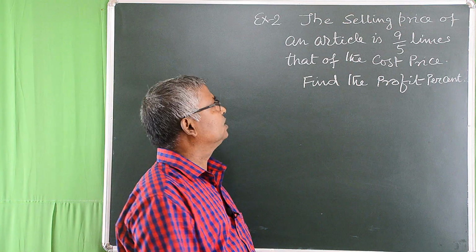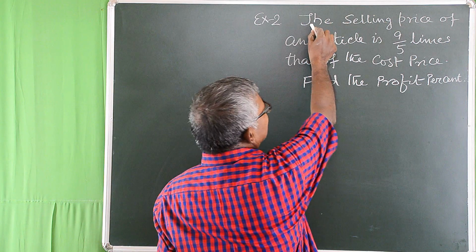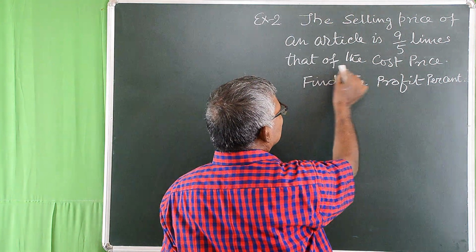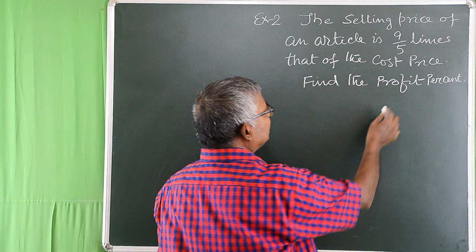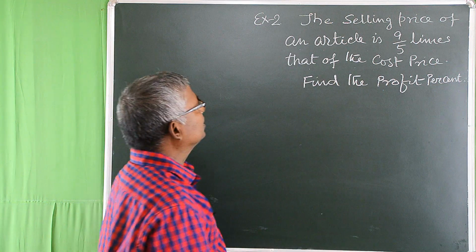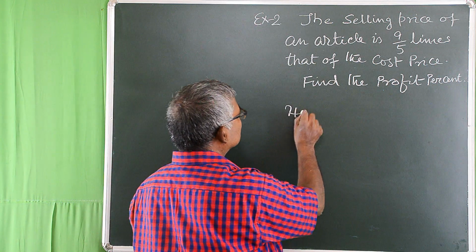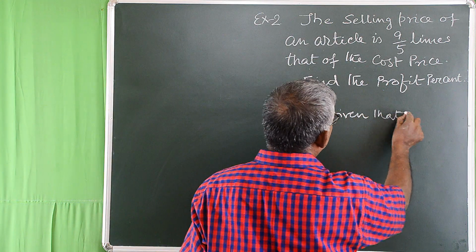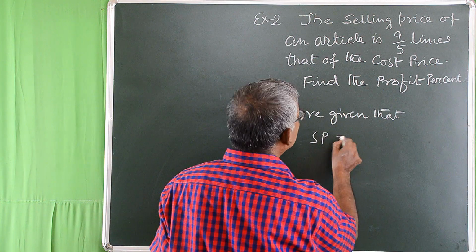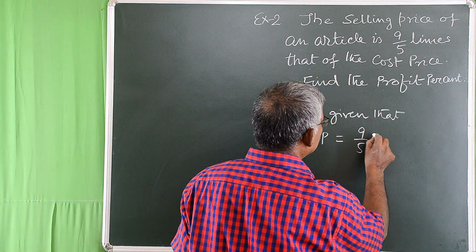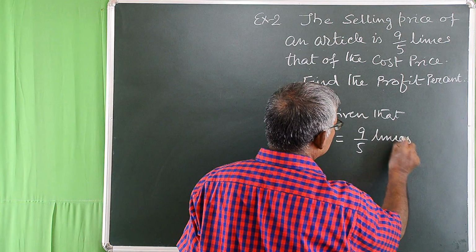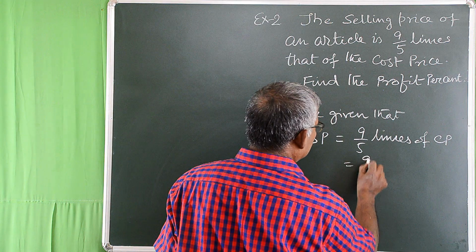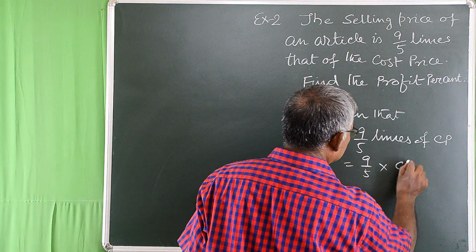Students, let us consider the second problem. The selling price of an article is 9/5 times that of the cost price. Find the profit percent. Students, here given that selling price equal to 9/5 times of cost price, that is 9/5 into cost price.